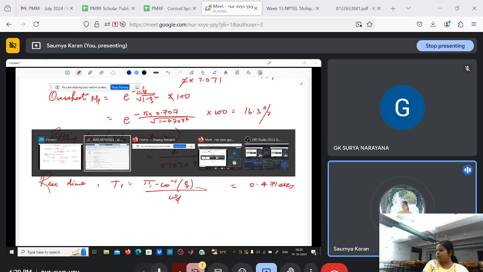We'll have to see if we have missed something in our calculation. But this is how you find out. And this is the step response for the same system. Whatever we have done. All right. I hope this also makes sense. We'll move to the next question.